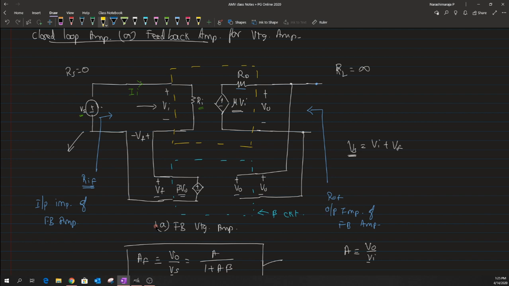I hope I'm not confusing you. The only thing I want to mention is that I want to remove all the non-idealities from these sources and push them onto this basic amplifier.